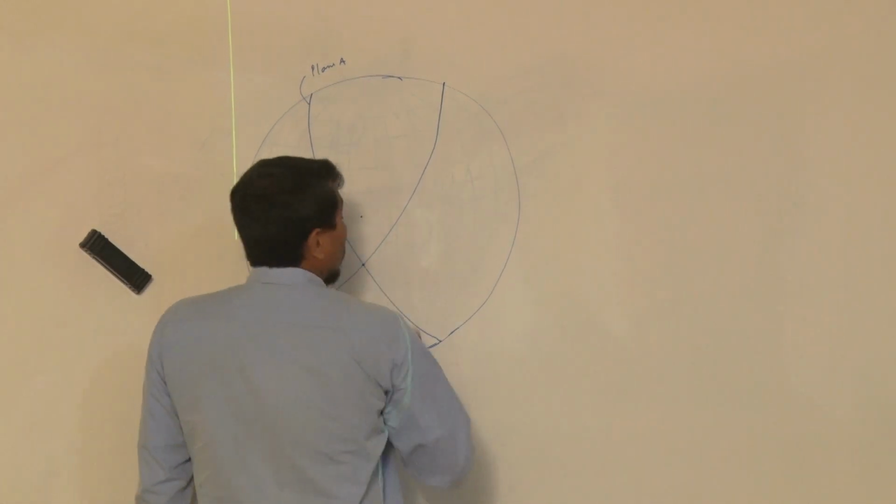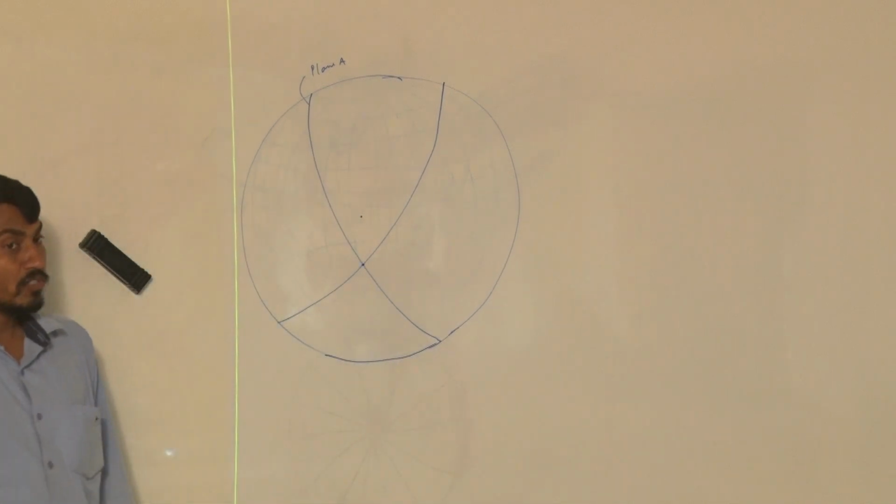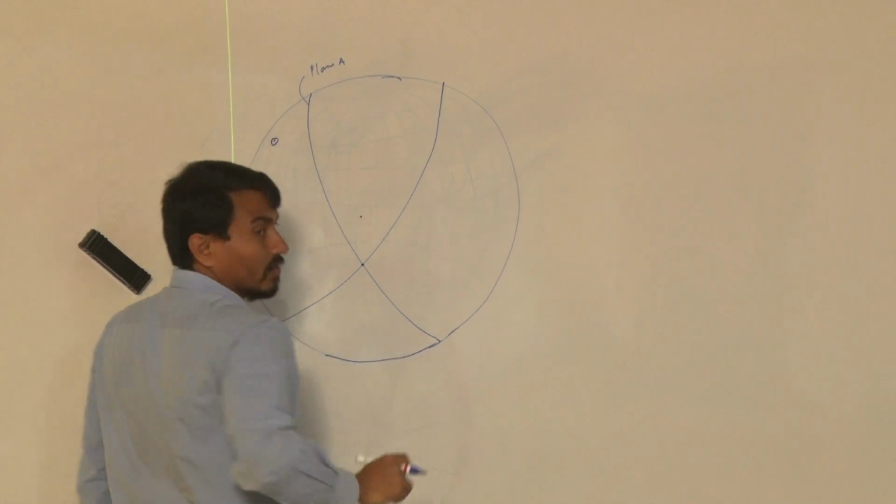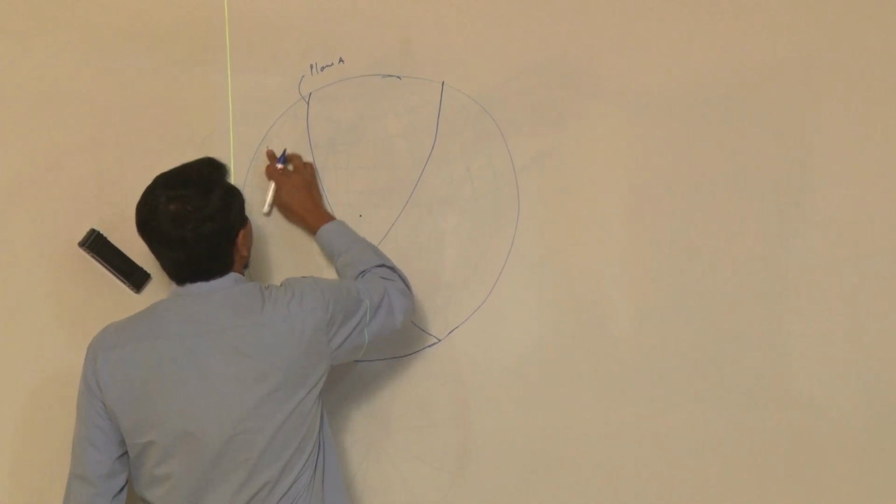So the point feature of the line and the point feature of the pole is also different. We generally represent pole like this. Okay? So we have to remember that.